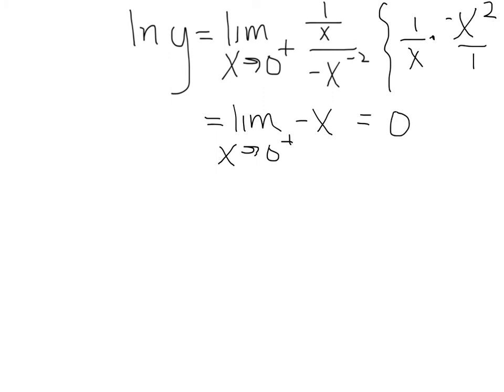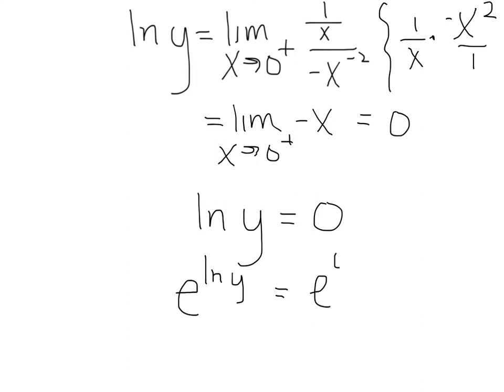Now, that's not our final answer. We have that the natural log of y is equal to 0. Remember, y was going to be our answer. We want to solve for y. And what we can do is raise e to both sides. So we can say that e to the natural log of y is equal to e to the 0.